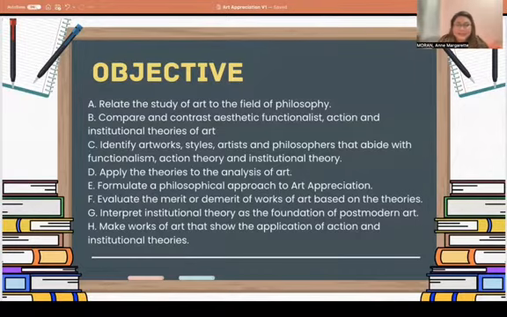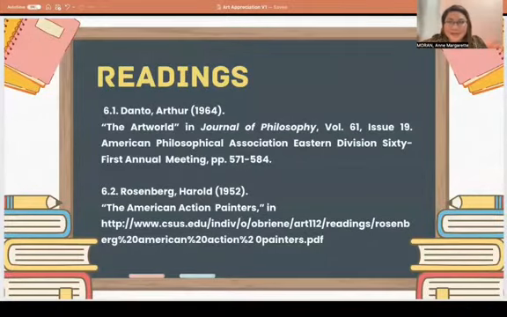And lastly, we will make works of art that show the application of action and institutional theory. I hope that by the end of this lesson, we will be able to achieve the objectives that we have discussed. Moving on to our next slide, here are the important readings associated with this lecture.